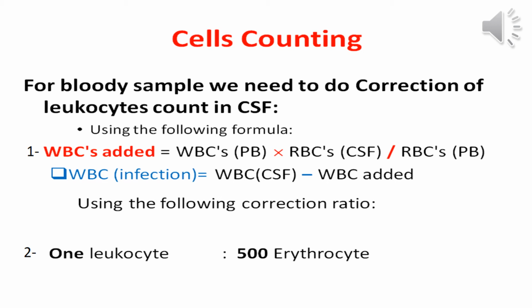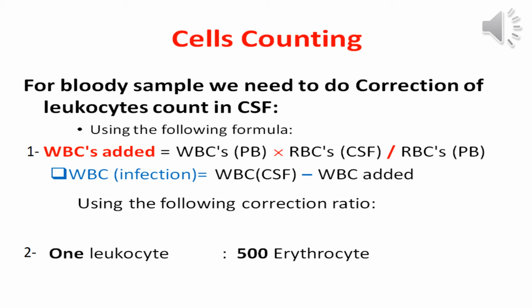Now for the CSF sample, when you have a bloody CSF sample, we need to count the white BC in the white BC squares, and the number of white BC here represents the white BC due to infection plus the white BC that come from the peripheral blood, which we called white BC added. Also we need to count the RBC.